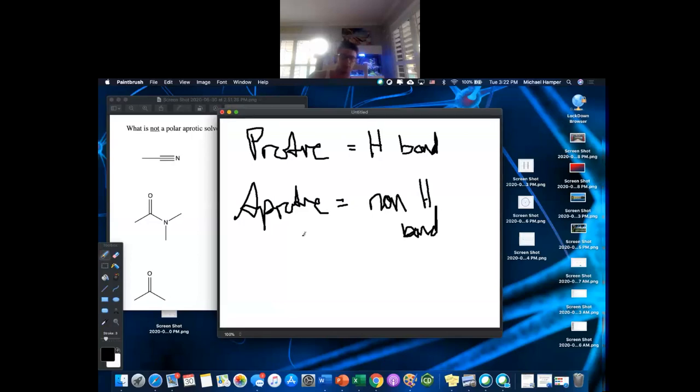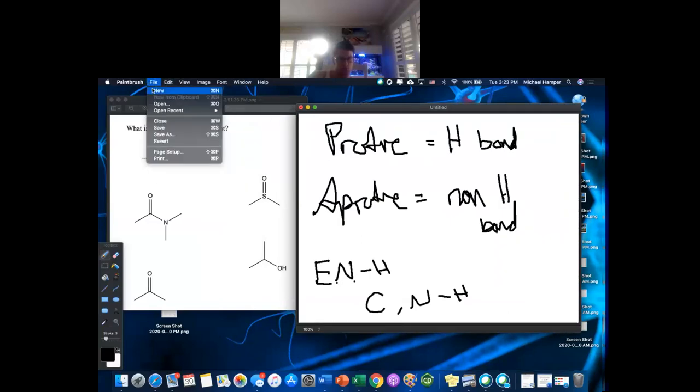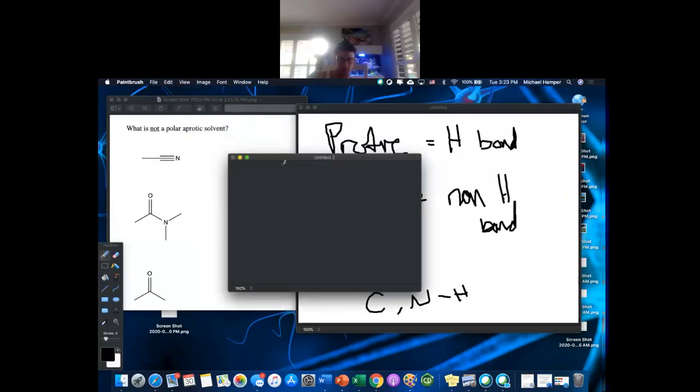And so when we talk about hydrogen bonding, what do you need to have for hydrogen bonding? You have something electronegative with an H. If you have an H bonded to a carbon or a nitrogen, these are not electronegative enough to have hydrogen bonding. Does that make sense? And so we should be able to answer this question based on that information.